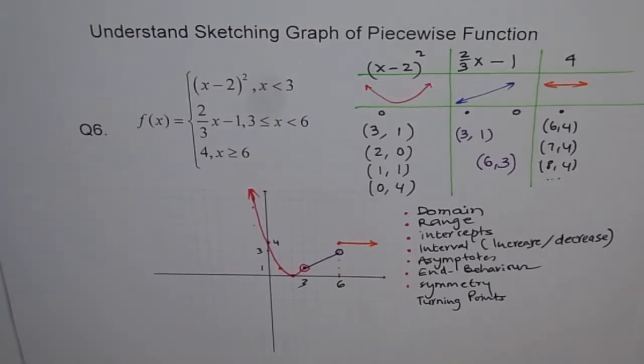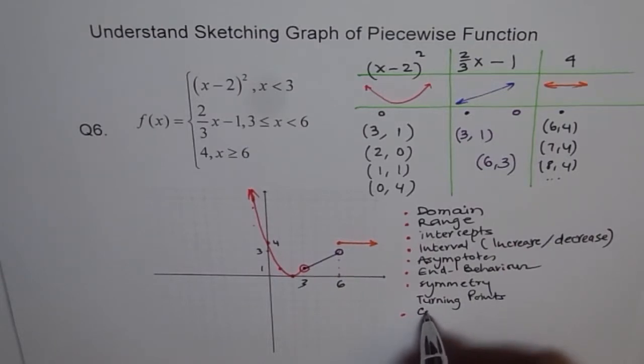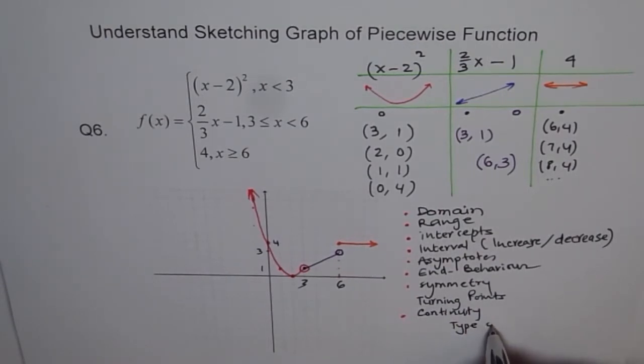And always most important in a piecewise function is the type of discontinuity, whether they are continuous or not. So first you have to see continuity. And then classify the type of discontinuity. Fine.